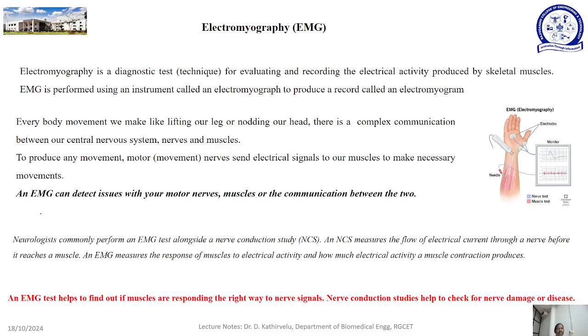Okay, with this we'll move on to electromyography. What is electromyography? Electro is electrical activity. Myo means muscle. Graphy means study. The study of the electrical activity of muscles is called electromyography. Similarly, an electromyograph is the instrument used to study the electrical activity of muscles.